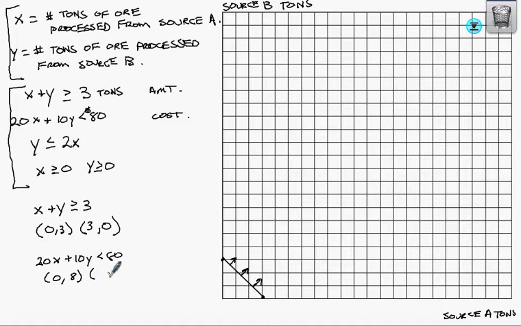And if I let y be 0, 20x equals 80, and if I divide both sides by 20, I get x equals 4. So I find 0, 8: 1, 2, 3, 4, 5, 6, 7, 8. And I go 4, 0: 1, 2, 3, 4. And I draw my line.